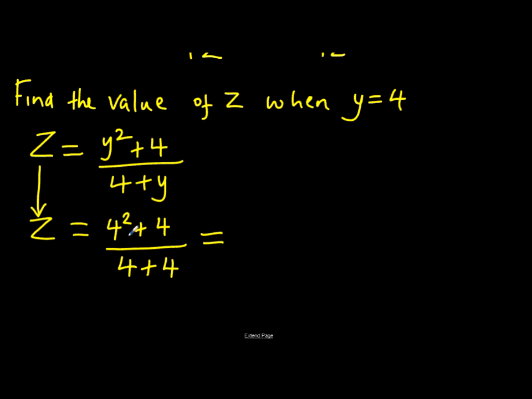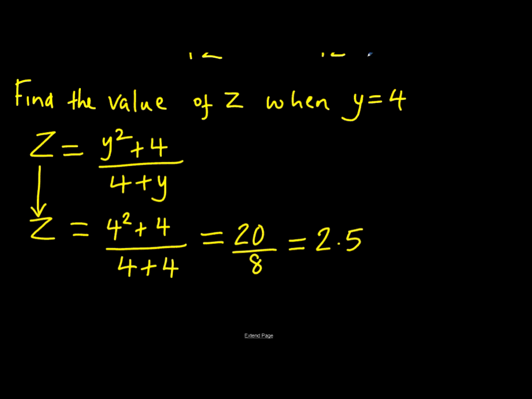So that is equal to, well, 4 squared is 16, plus 4, which is 20, divided by 8. And that gives us 2.5. If we work that out in our calculator, that gives us 2.5.